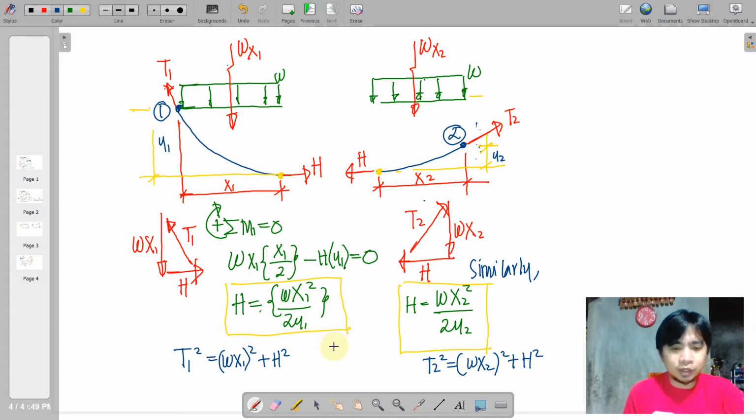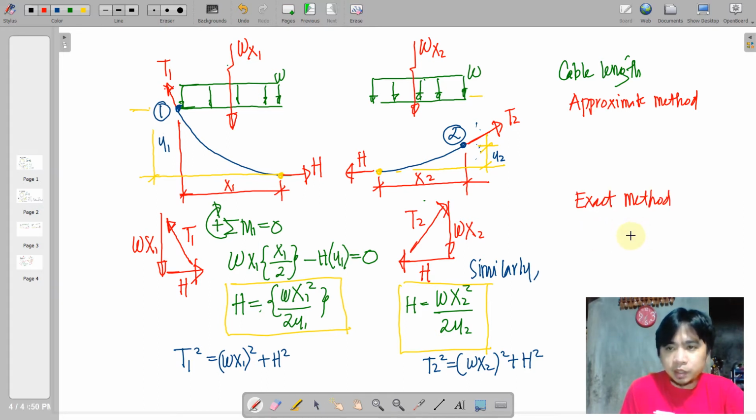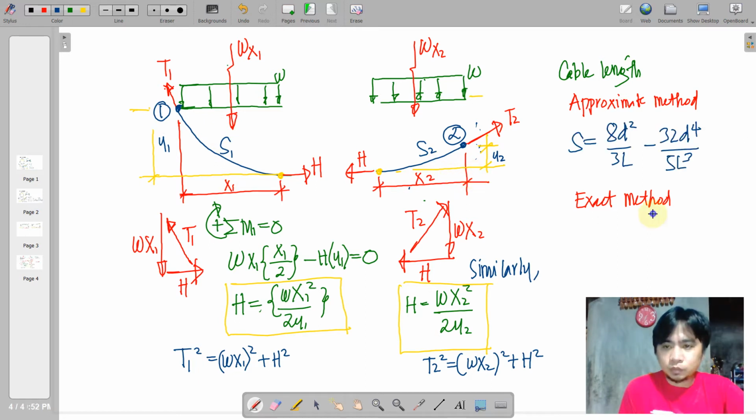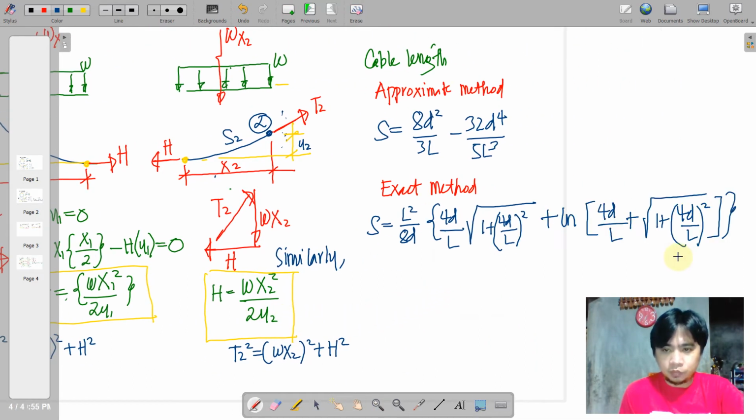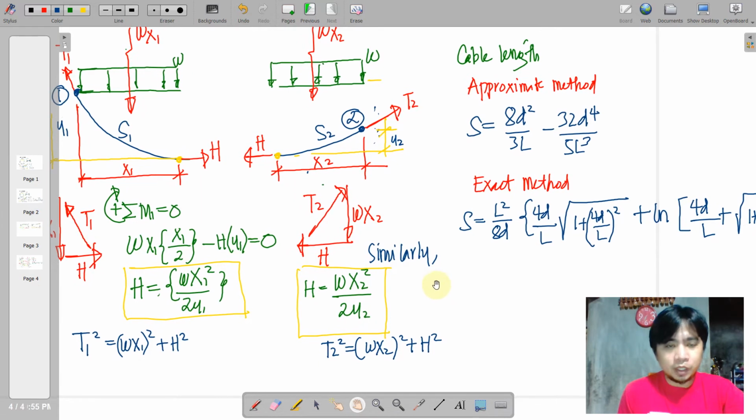As for the length of the cable, we have the approximate method and the exact method. Remember that the cable length is expressed in terms of S, say S1 and S2. You just have to apply this formula, and this longer formula if we want to be exact. And this will be our approach on a parabolic cable carrying a distributed load.